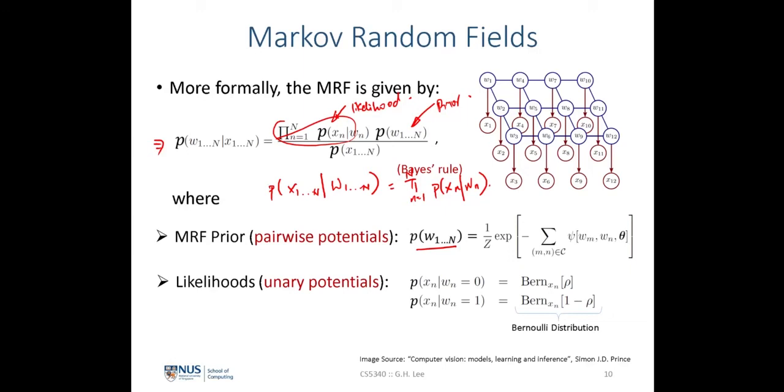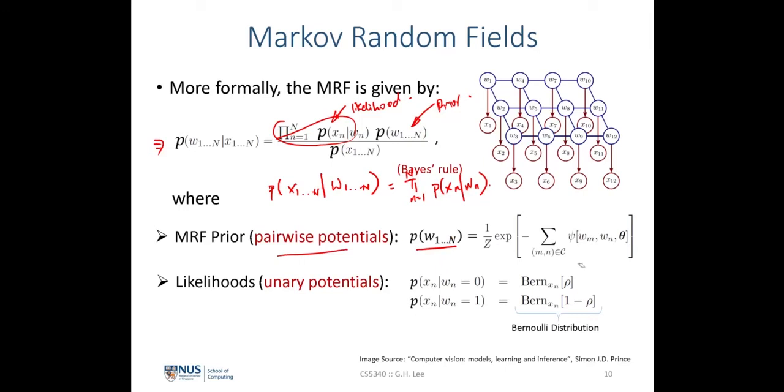So in this case, because we have the prior knowledge, as mentioned in the previous slide, that we want to encourage the neighboring pixels of the clean image to take the same label as much as possible, we can model this into our Markov random field prior term using the pairwise potentials.